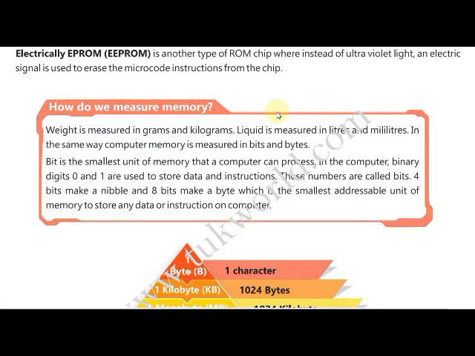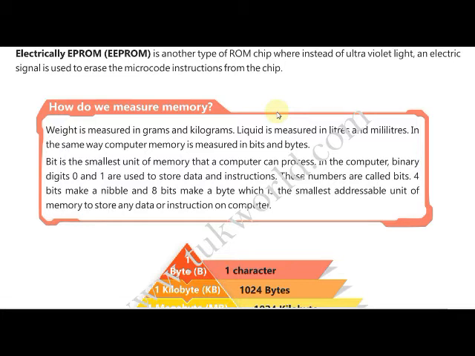Unit means a way to measure a particular thing. Like if you want to measure your height, it is measured in centimeters, inches, feet, meters; weight is measured in grams, kilograms.